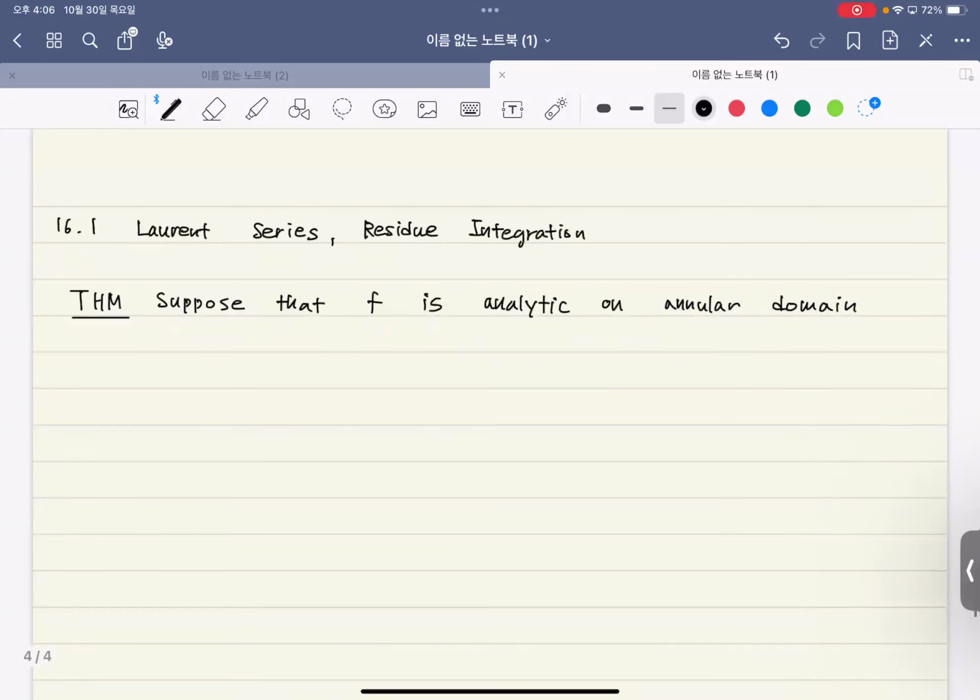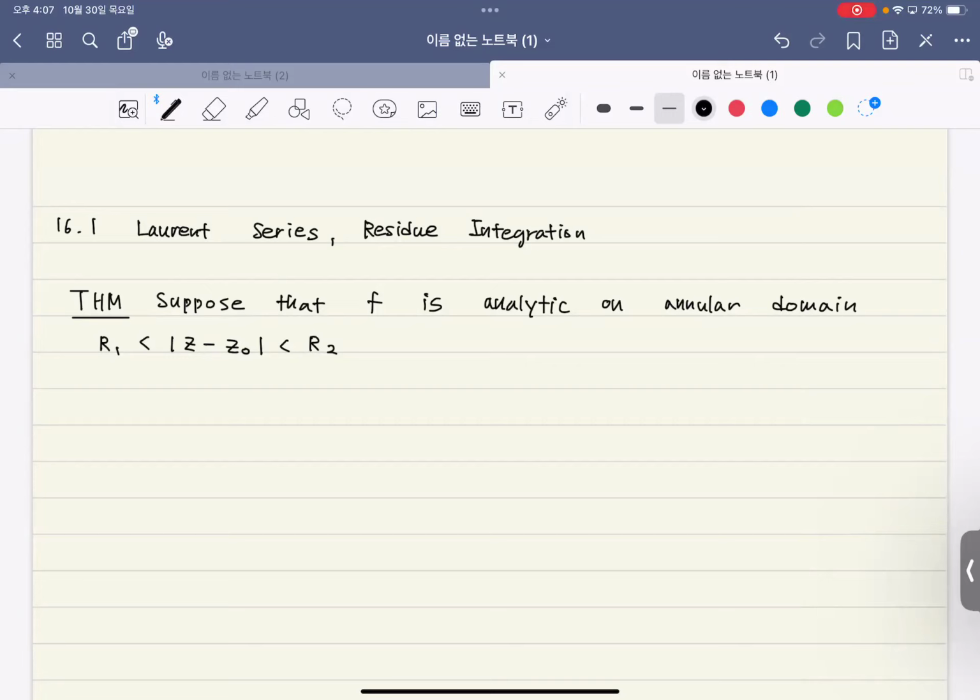But we are not talking about just any regular annular domain, but this very specific annular domain. So like this. This is the point Z0, and this is the inner circle, and this is the outer circle.